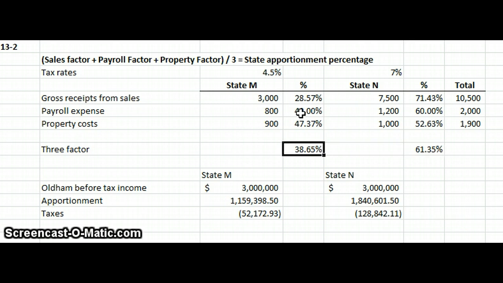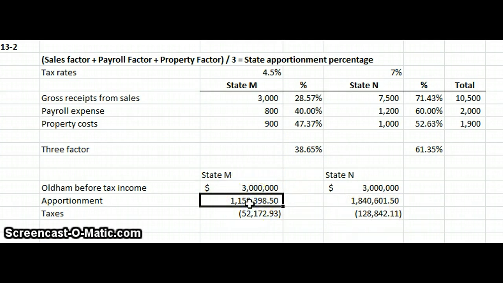So we calculate our average, and our average for the 3 is 38.65 for State M and 61.35 for State N.